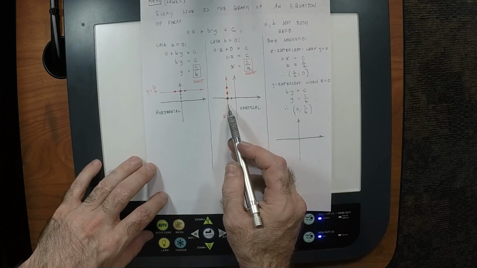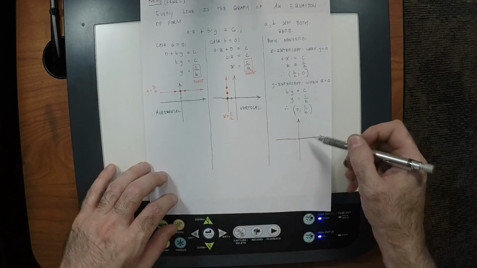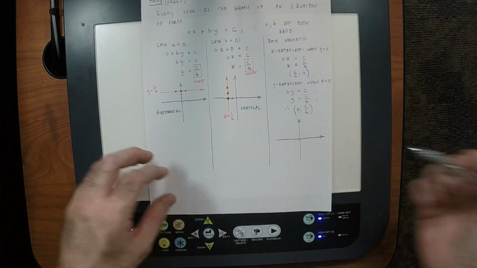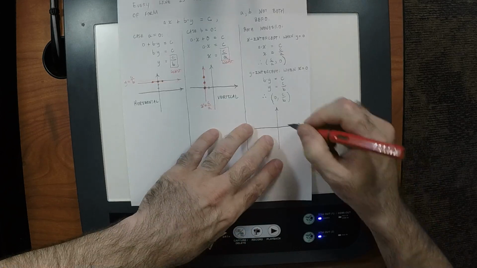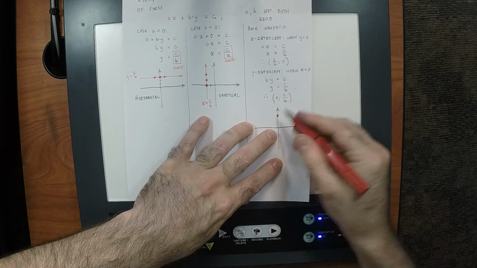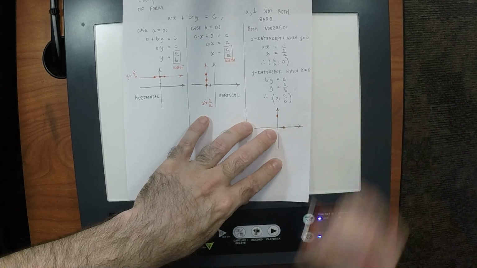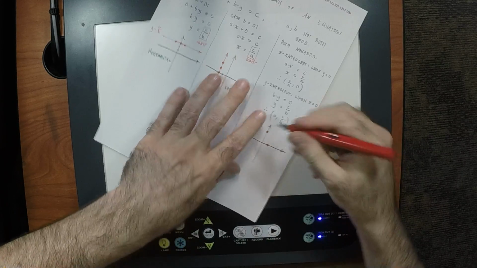And this one is the opposite. It has an x-intercept but no y. So this case is going to be the case when we have both an x-intercept and a y-intercept. Just to draw something, that happens to be the y-intercept and this one the x-intercept. So some point on the y-axis and also some point on the x-axis.